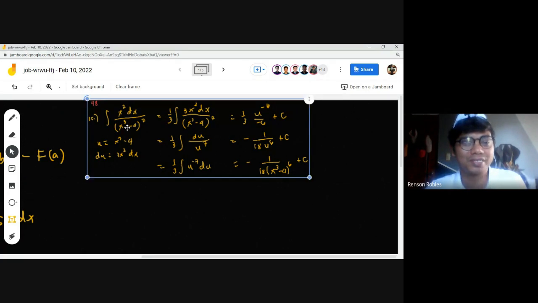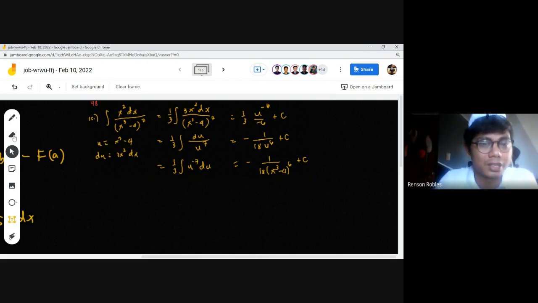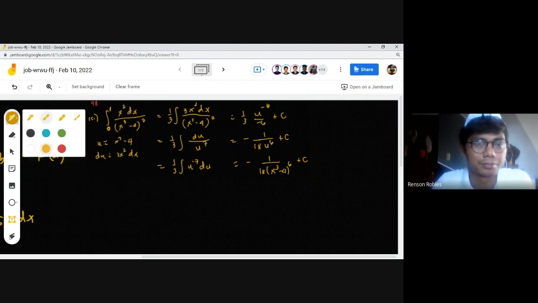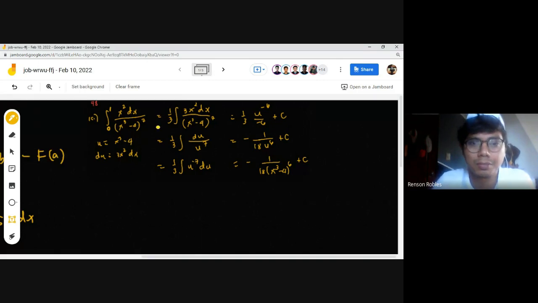Okay. So this is integral of x squared dx all over x cubed minus 4 to the 7th power. I will just put a limit of integration. You recall the process of how you were able to get the answer here. So I will just say it's from 0 to 1. Then we will not write C anymore.